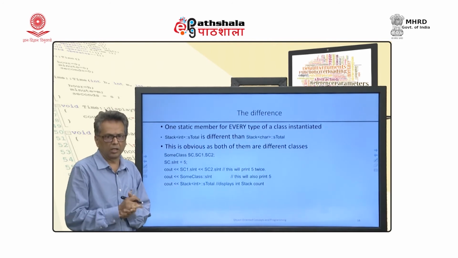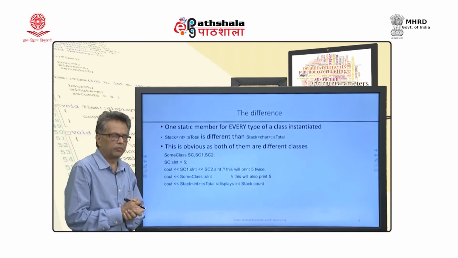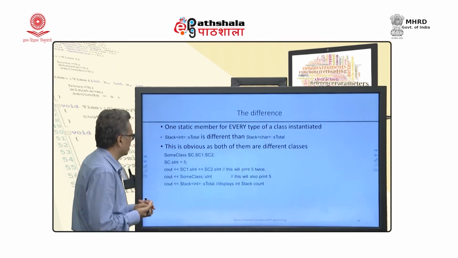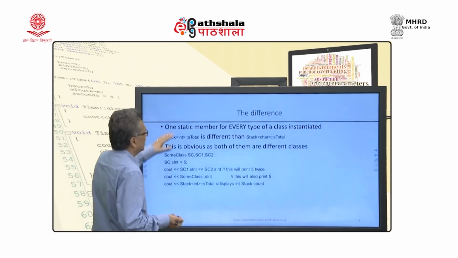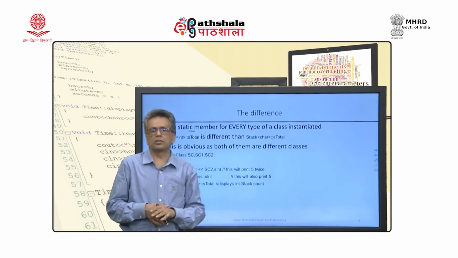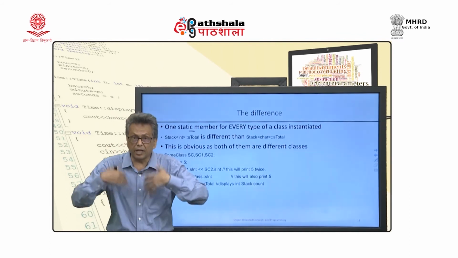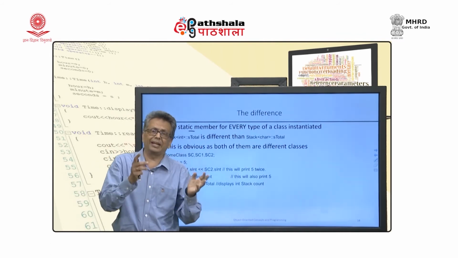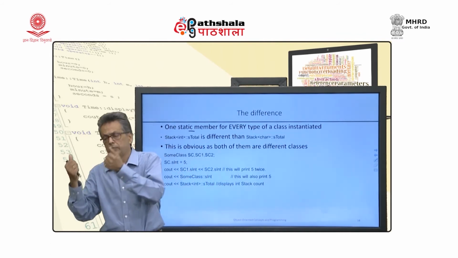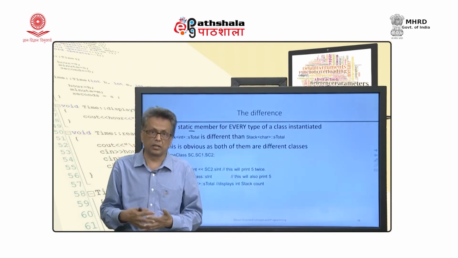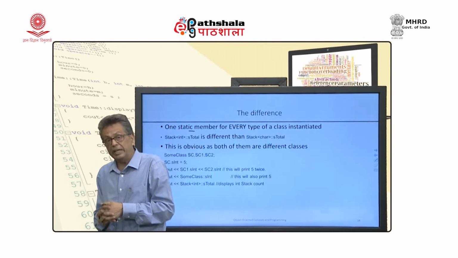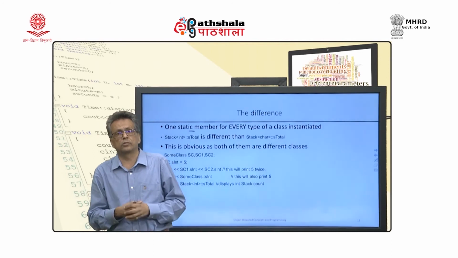The conventional static member of a class and a static member of a template class. One static member for every type of a class instantiated. So, every type of a class instantiated, stack char you have one S total, stack EMP you have the other S total, stack int you will have other S total, and so on and so forth.